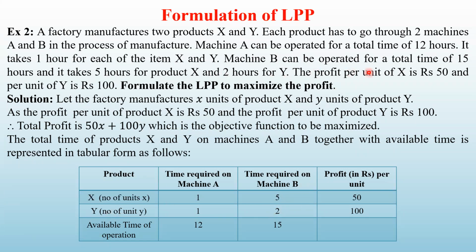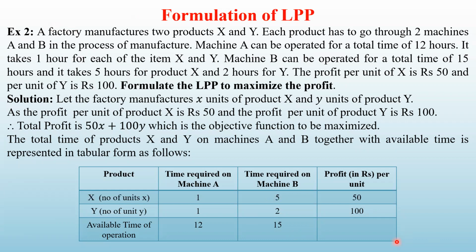Okay. And the profit for 1 unit of product X is rupees 50. So last column is profit. So X type के product का एक यूनिट के ऊपर 50 रुपीस का प्रॉफिट है, और Y टाइप के आइटम का एक यूनिट के ऊपर 100 रुपीस का प्रॉफिट है. So this is how I have converted this entire data in a tabular form.